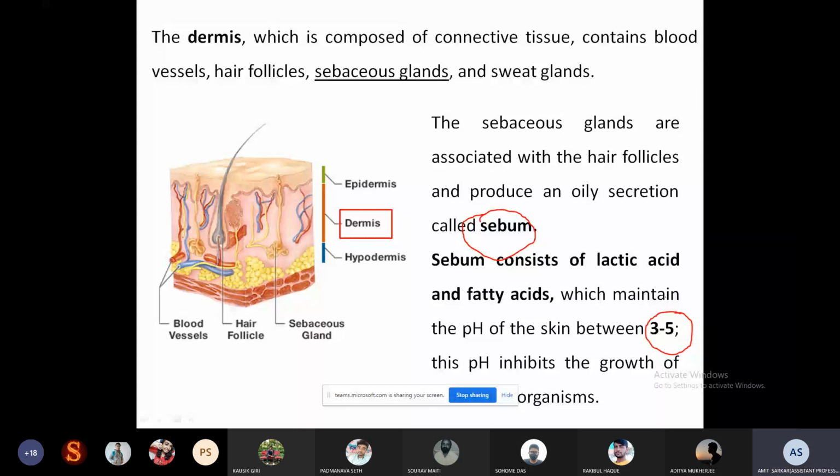So unknowingly, you do not know, but your skin is providing your barrier. Most of the microorganisms will not be able to survive. But just extra information for you here, fun information. Severe infections take place sometimes in the skin in the form of acne.